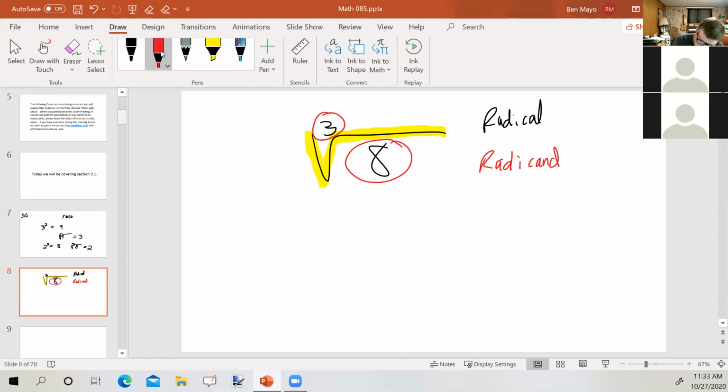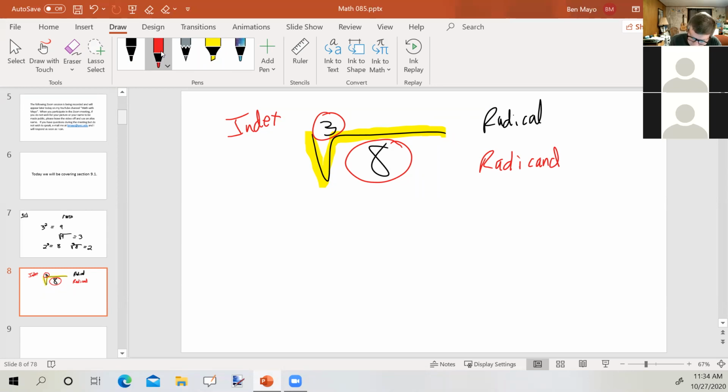And this number up here is called the index. The index tells you what root you are taking. The radical is a grouping symbol, so it says we're going to deal with everything inside the grouping symbol before we deal with other stuff outside. And the quantity that's inside is called the radicand. So the index is a 3, the radicand is an 8 for this example.